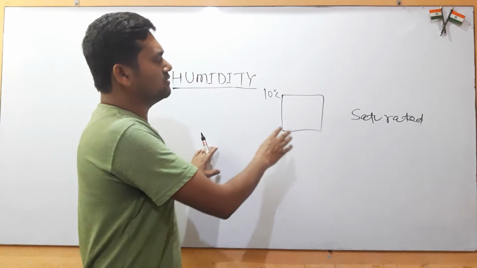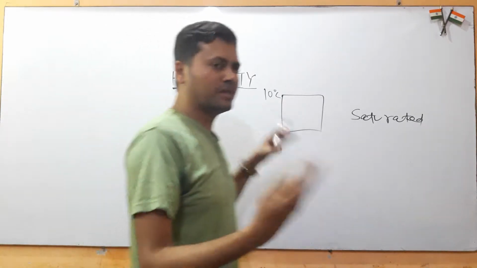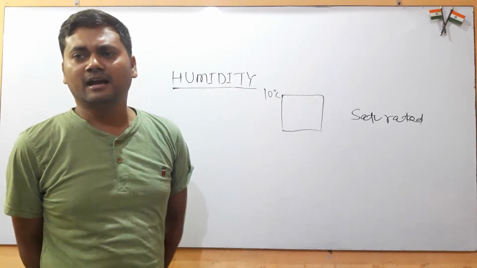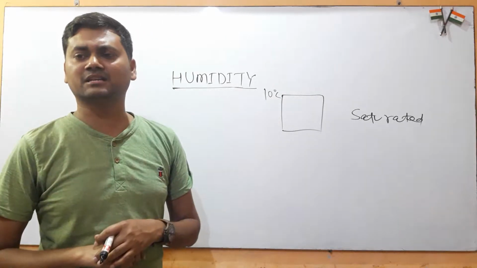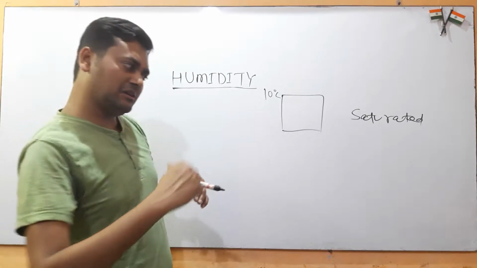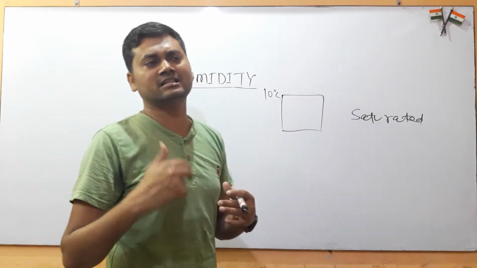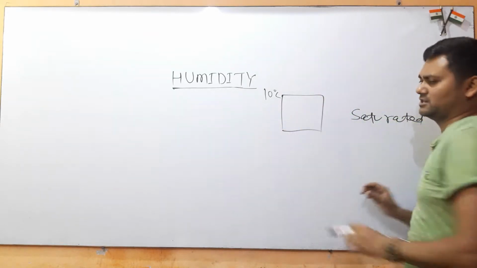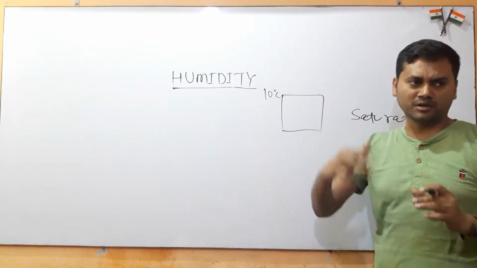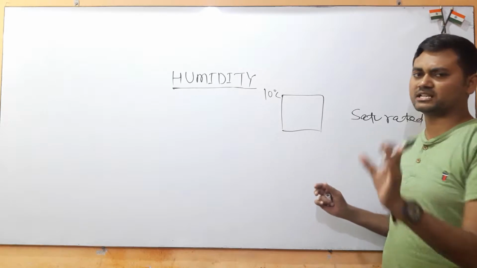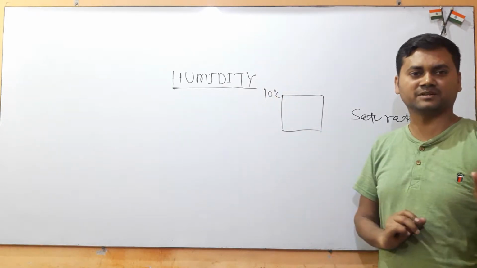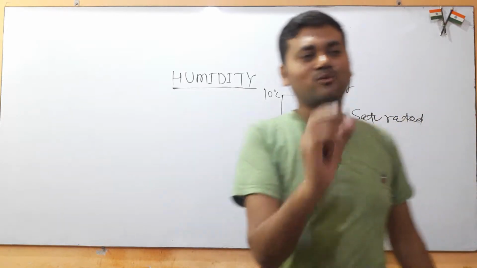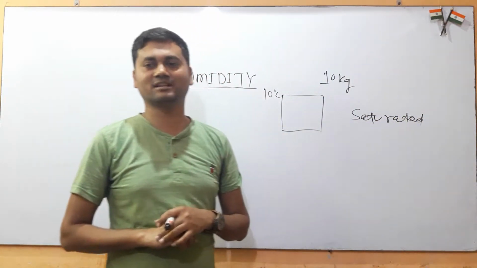So how can you numerically understand it? Let's say the temperature is 10 degrees Celsius, and at 10 degrees Celsius the water holding capacity is, let's say, 10 kg. Water vapor is actually measured in cubic meters, but for your understanding, let's say 10 kg of water vapor can be held.